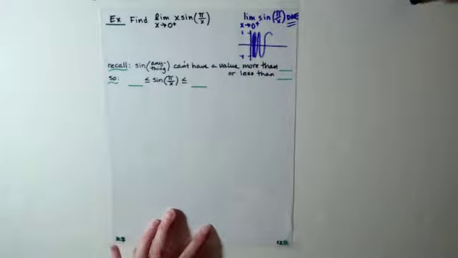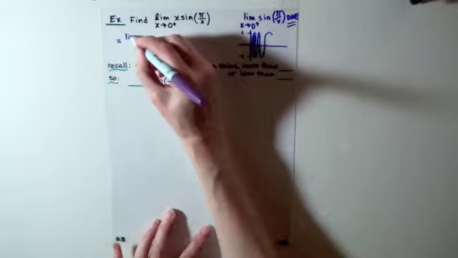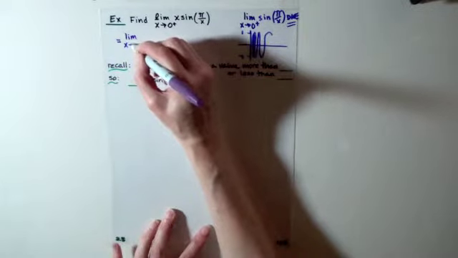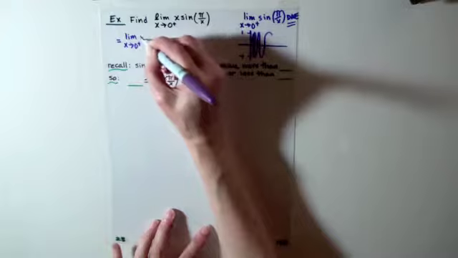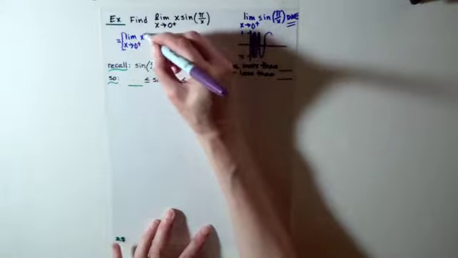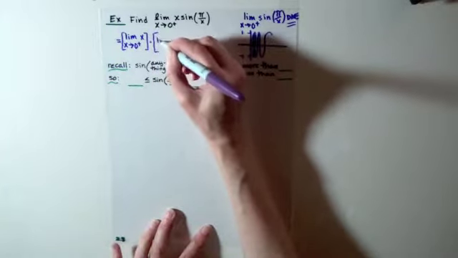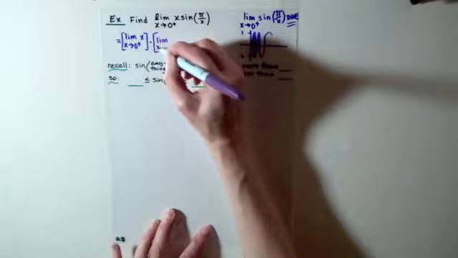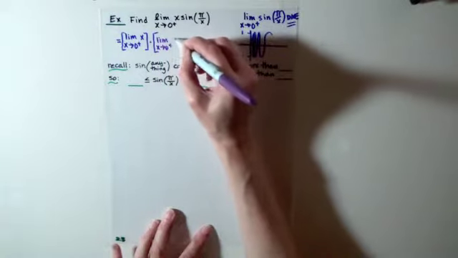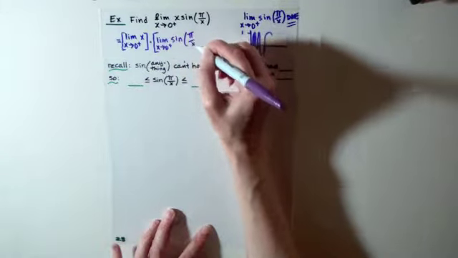So you might say, okay, let's find this limit by using the product limit law. The product limit law would say that I can break this up into the limit as x approaches 0 from the right of the first function, namely x, multiplied by the limit as x approaches 0 from the right of the second function, sine of pi over x.